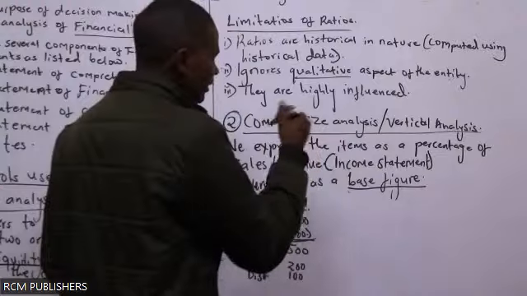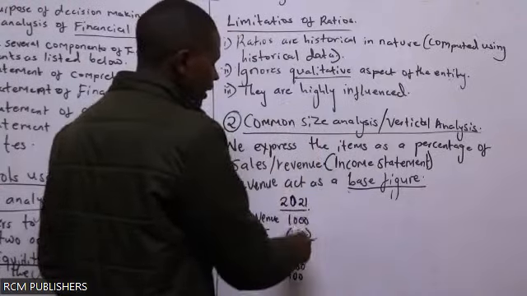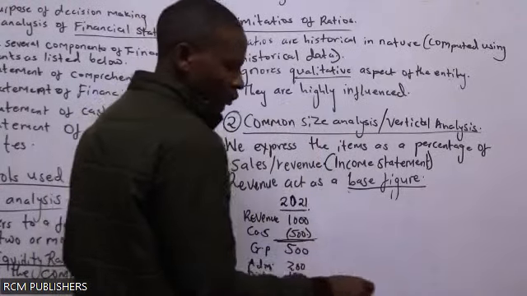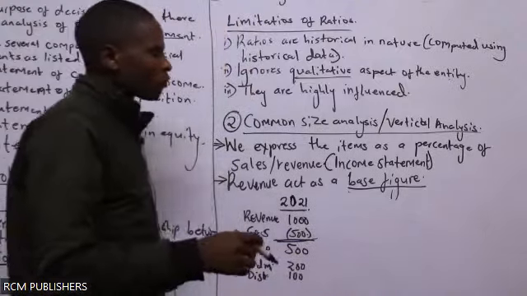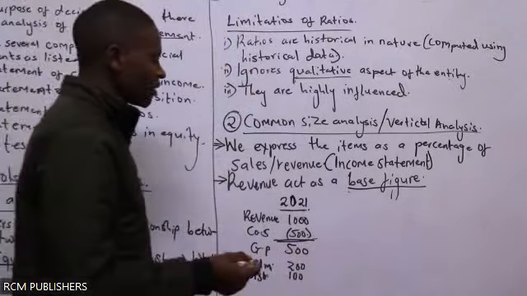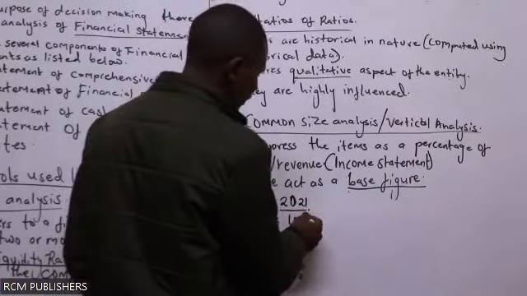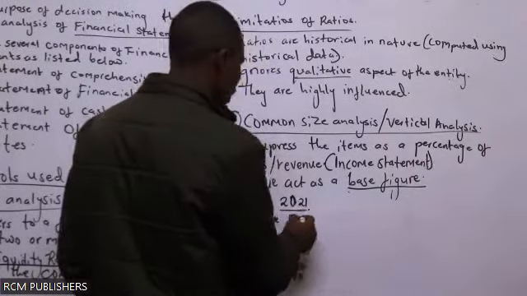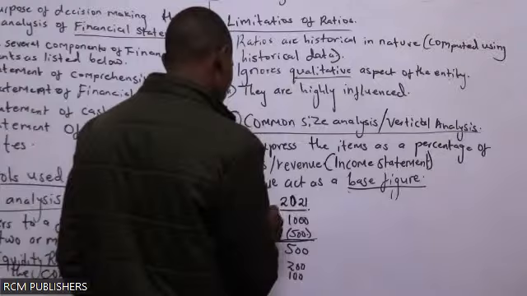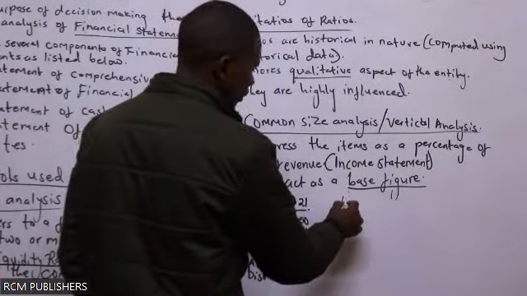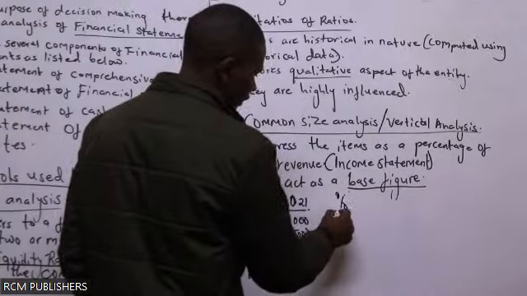As a percentage of sale. Therefore, for any other item, we are going to use the base figure as that of sales. For example, in the revenue section, we shall now have the percentage.